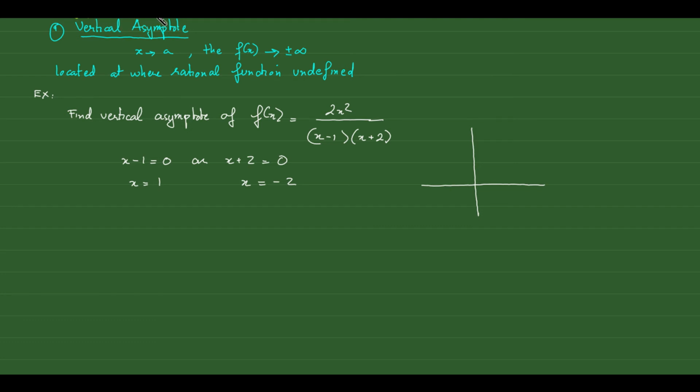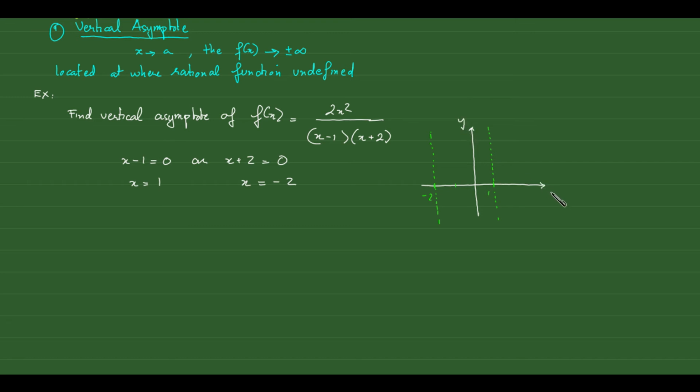This is the vertical asymptote x equals 1, the first vertical asymptote. And x equals minus 2, this is minus 1, minus 2, right? This is the second vertical asymptote.